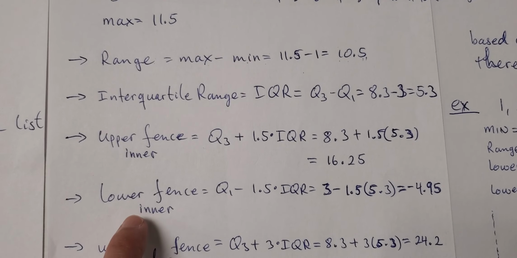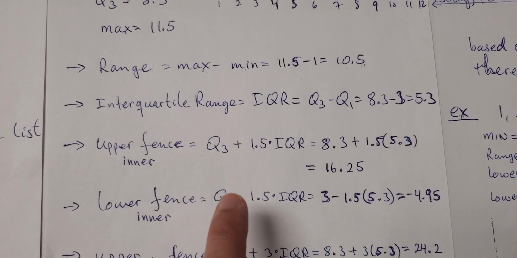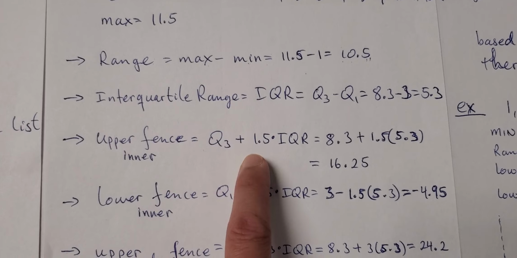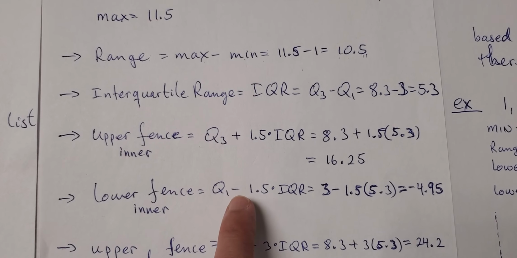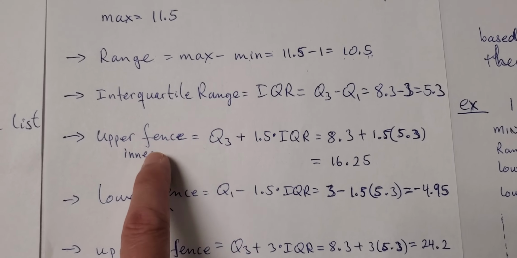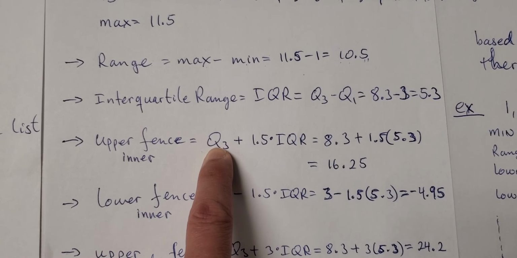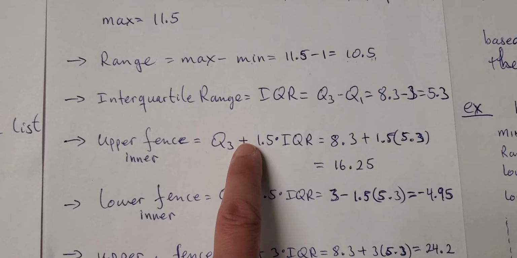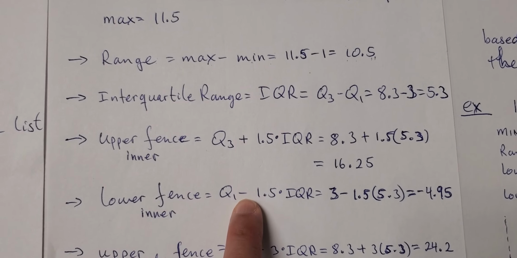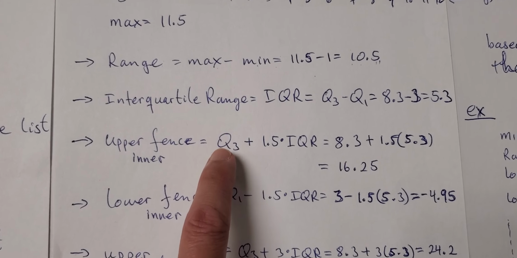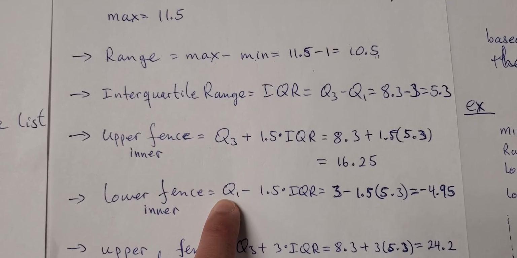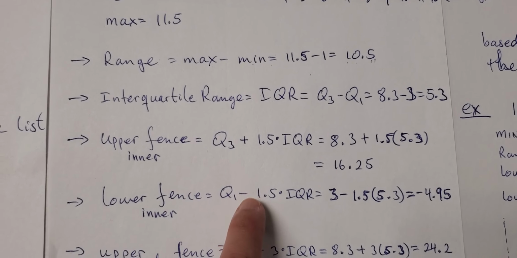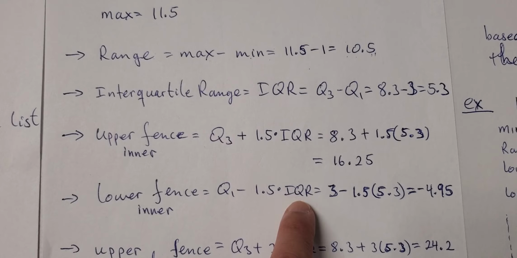Okay, now let's find your lower inner fence, which is very similar to the upper, except plus. For lower, it will be minus. If you look at the upper equation and the lower equation, it is the same thing. The only difference is that upper will be plus and the lower will be minus. And also, instead of Q3, your lower will be Q1. So Q1 subtract 1.5 times IQR.